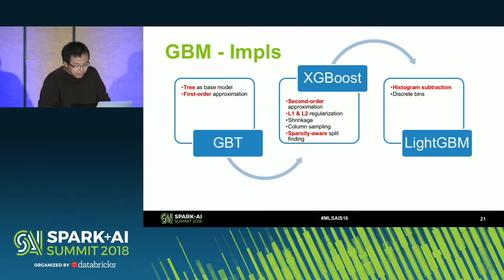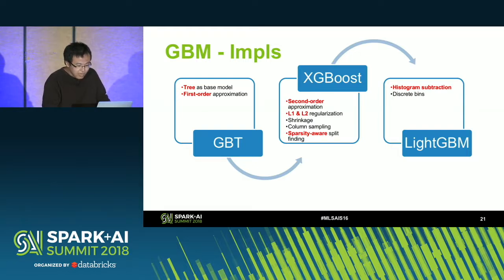There are many implementations of GBM. First, GBT is proposed. It chooses decision trees as the base model and uses first-order approximation of the loss function. XGBoost introduced second-order approximation, regularization, column sampling, and other features.